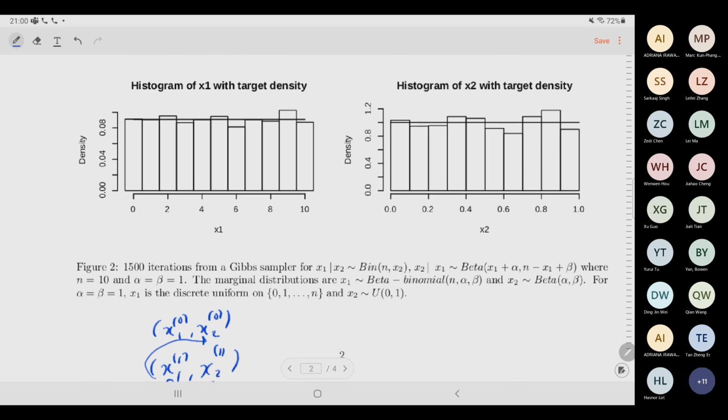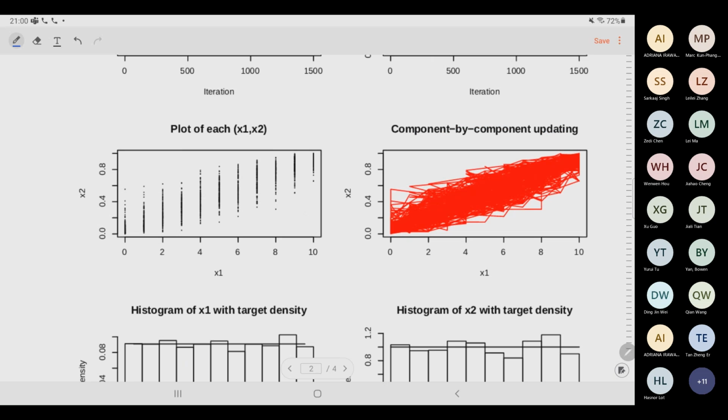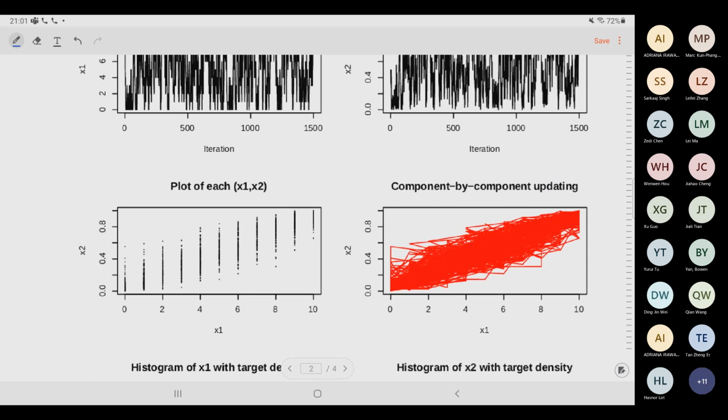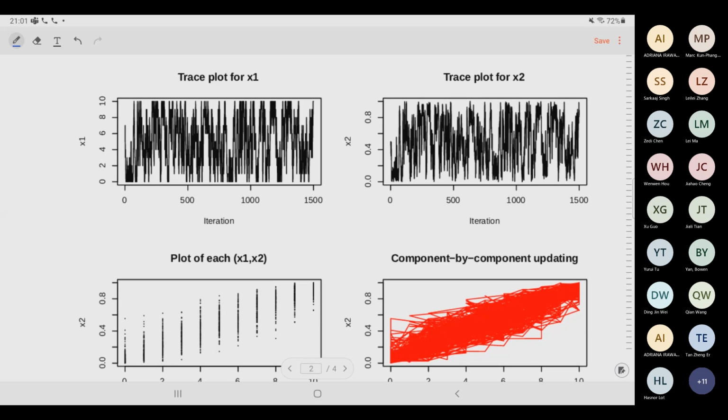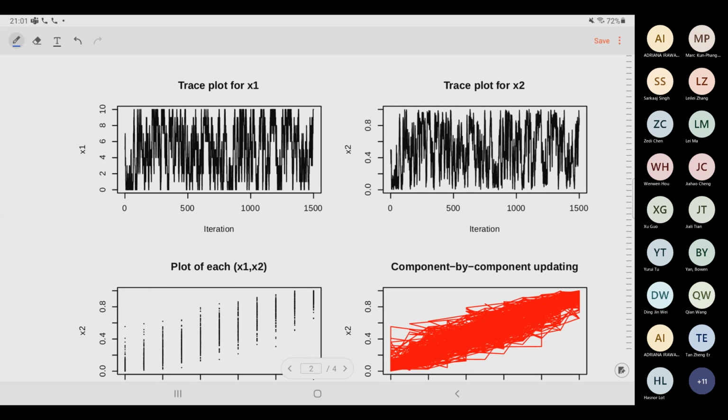Okay, that's why, if you look over here, if you plot your x1 and x2 against each other, you can see that the movement of x1 and x2 is actually connected to each other because of this dependency on the previous value. Okay, so you can see the plot here. Okay, and because of that, the mixing of the values for your x1 and x2 is sometimes also quite close to each other, right? Because as I say, they are not independent samples.